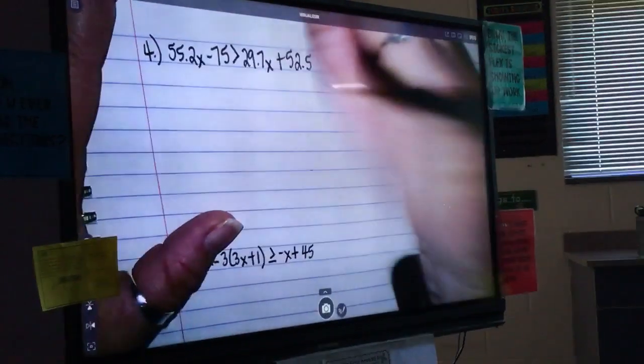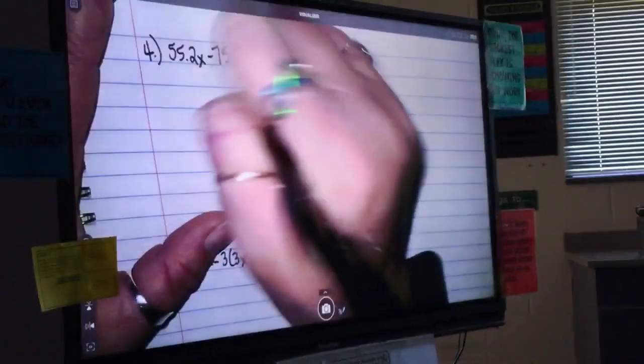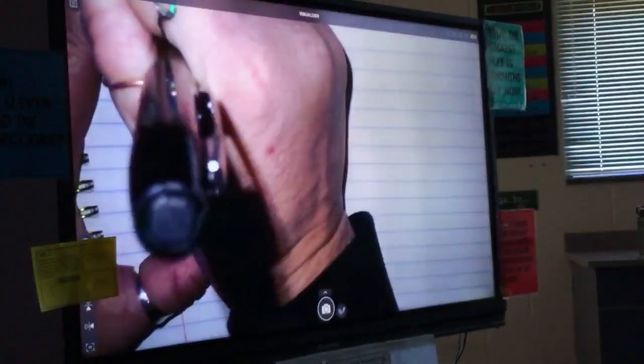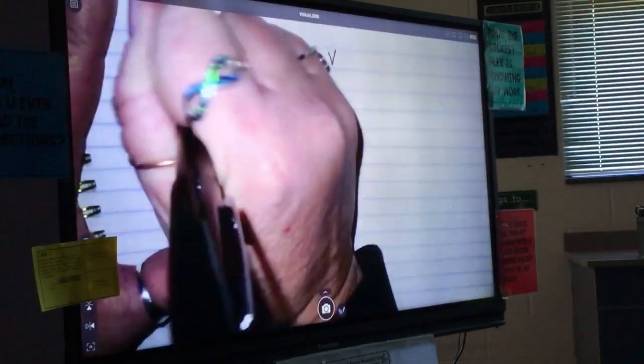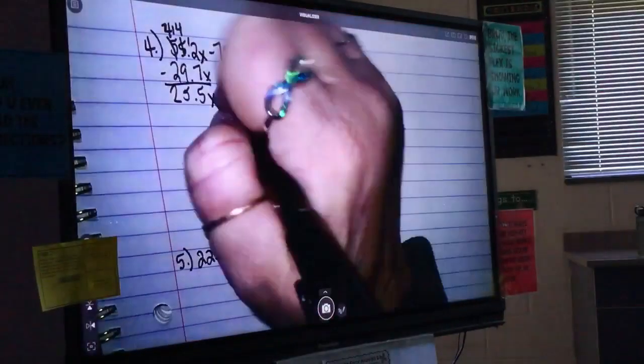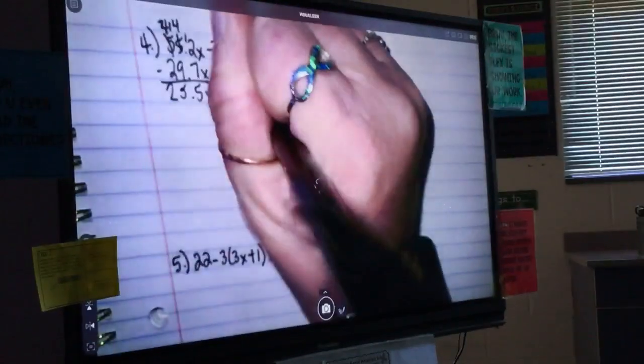I'm going to start with my variables, see if I can keep it straight this time. So I'm going to subtract from this side, and I'm going to do the same thing on this side. So I end up with 25.5x. I'm going to bring down my minus 75, which is greater than 52.5.